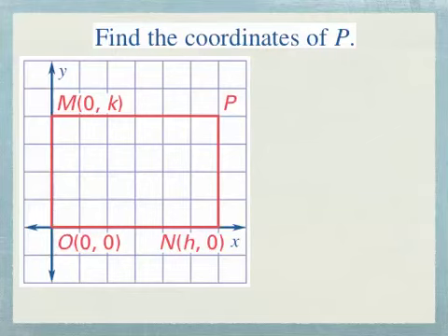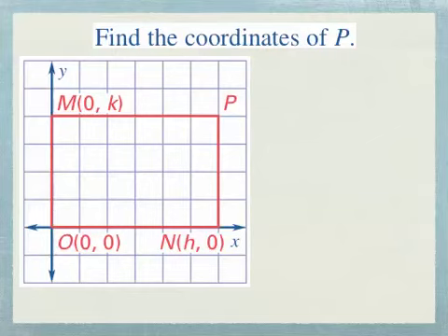This next example says to find the coordinates of P. If you're not paying attention, you could just think, oh, it's 6, 4, let's move on, we got it. However, if you notice the coordinates that they do give us, point O is at the origin 0, 0.